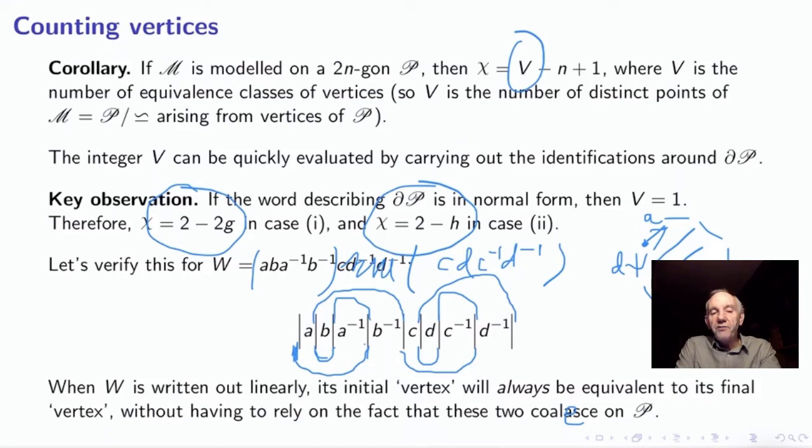Finding the Euler characteristic helps you classify the surface. It's often a quick shortcut compared to trying to reduce a very complicated word into normal form. Often it's much quicker to use this formula and find out whether the surface is oriented.